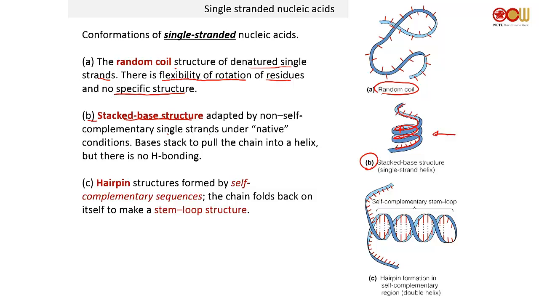And then C, it's a hairpin structure. Okay, hairpin structure occurs when you have self-complementary sequences, meaning, let's say you have on a sequence A, T, G, C, A, T, and so on.